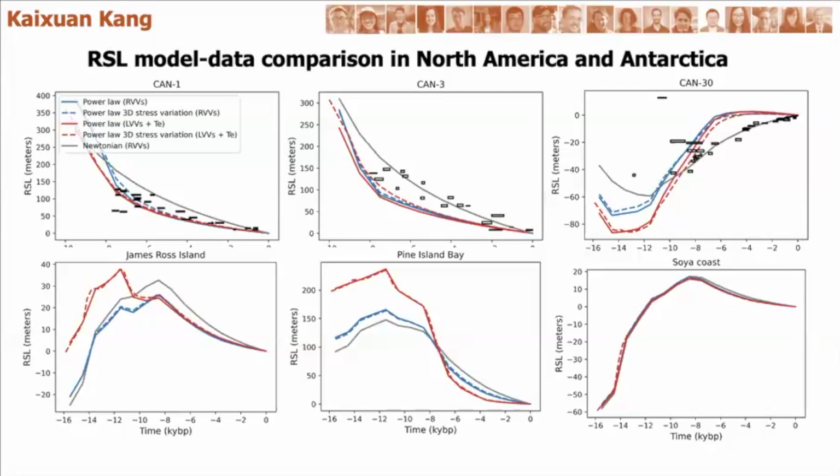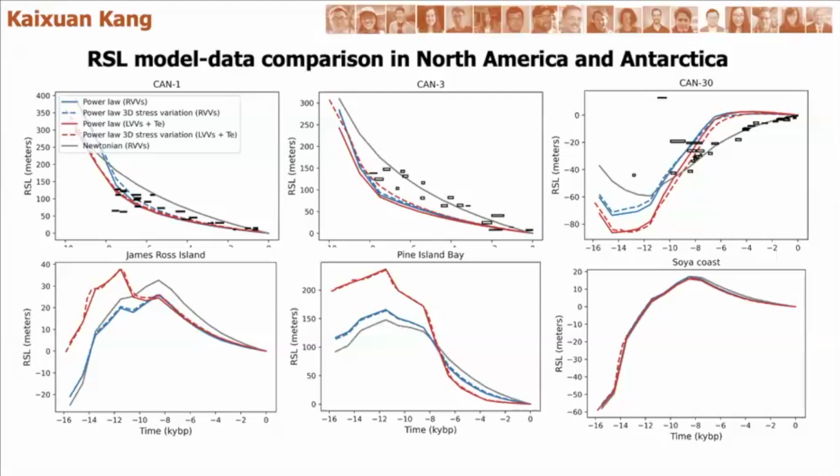I gave just some examples. There are thousands of these sites, but I show some typical sites around here, like Hudson Bay. So data tells us an exponential decay through to the present day. Also at the peripheral bulge, there is a complicated pattern: it just increases and then stays there.